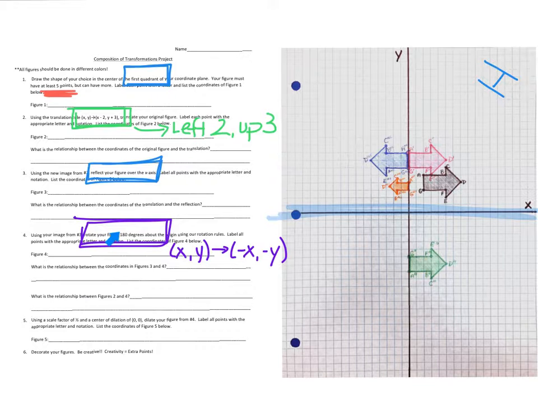Now, when you are rotating using the coordinates, you can't work with the coordinate plane as in counting over and up or reflecting, counting how many units. You have to actually plot the coordinates on the coordinate plane. So let's start with point E right here. Point E was at positive 3, negative 5.